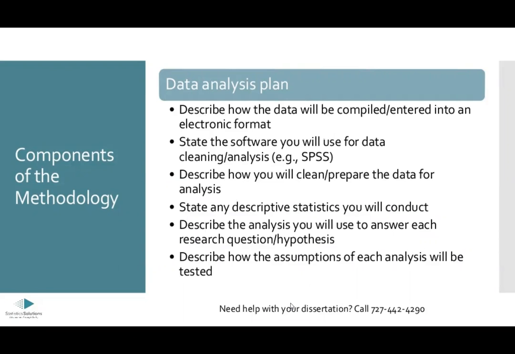And then for your categorical variables, you'll most likely be looking at the frequency and the percentages for those variables. Typically, what you'll want to do is take descriptives for your demographics and then also for your variables of interest, just to see what the distribution of those variables and those qualities are in your sample. So those are two things that you may do in terms of descriptives.